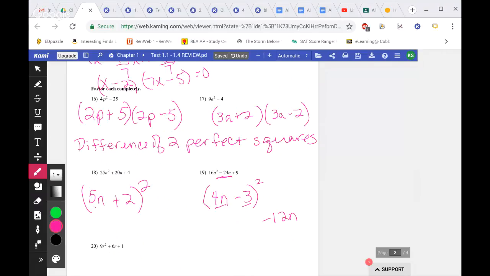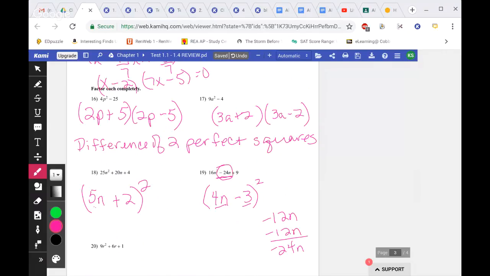Okay. And now if I double that, what do I get? Negative 24. That's right. So the middle term is the product of those two doubled.